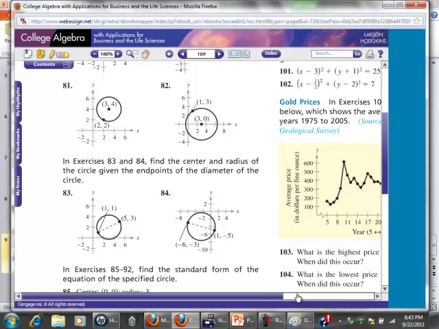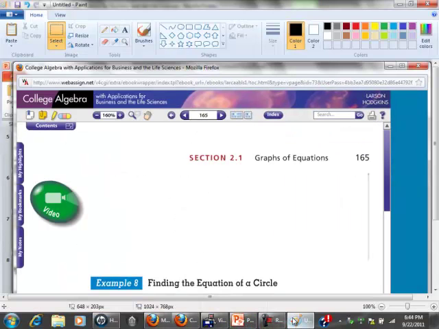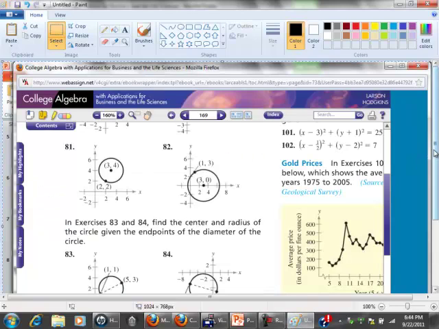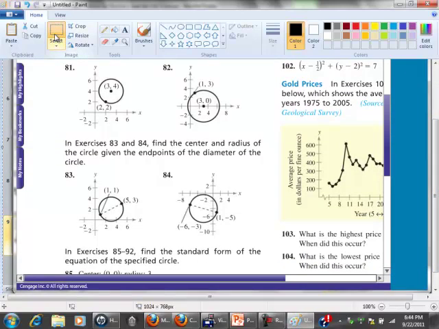Let's see if we could do number 84, where we have incomplete information. We don't have the center, nor do we have the radius in number 84. In number 84, we have a circle that's graphed for us, and a couple of points that are on the circle that are labeled. And they tell us in the directions, let me get the directions too, I'm sorry.